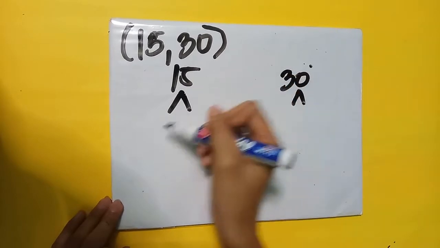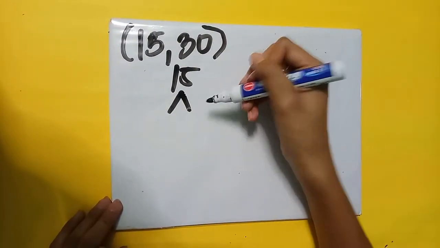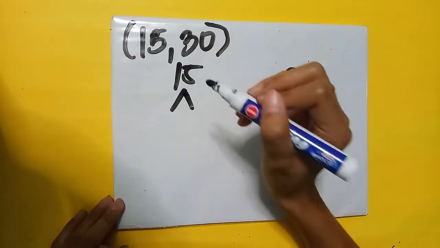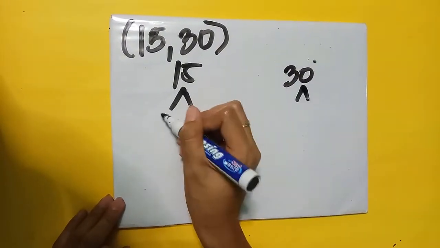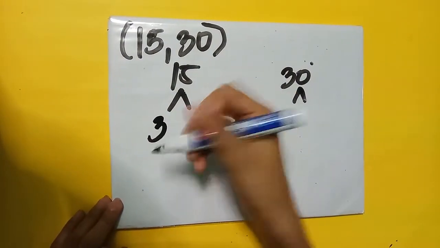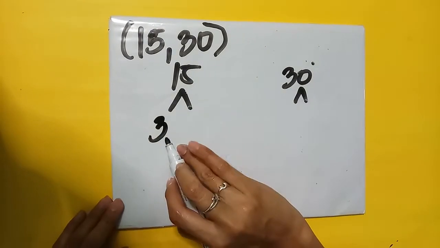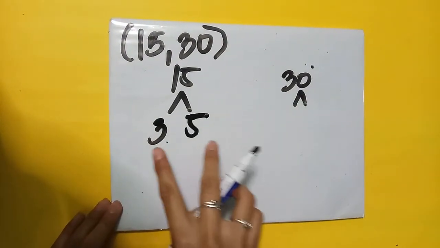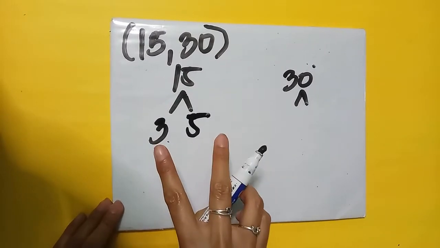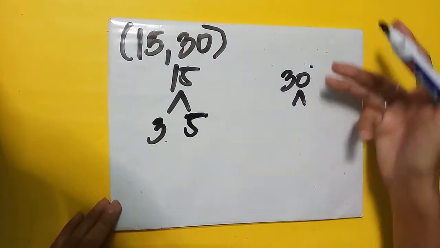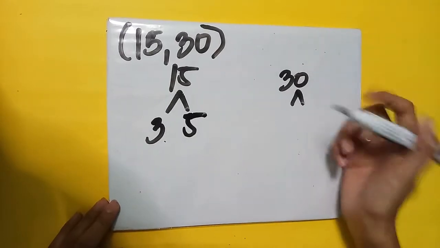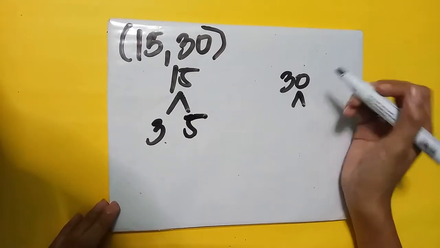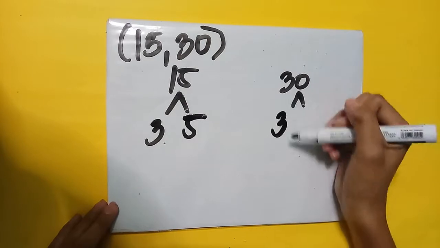In 15, we cannot divide by 2, but we can divide 15 by 3. So 15 divided by 3 is 5. We cannot perform any division here, so we will go to 30. 30 can be divided by 3, which is also a prime number.